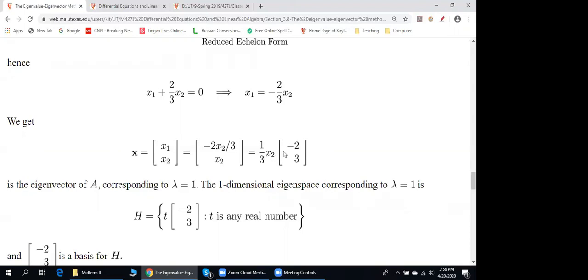We have x2 in front of this vector or 1/3 x2 in front of this vector. Both expressions, 1/3 x2 and just x2, can create the whole set of real numbers. Does this make sense? Yes, it does.